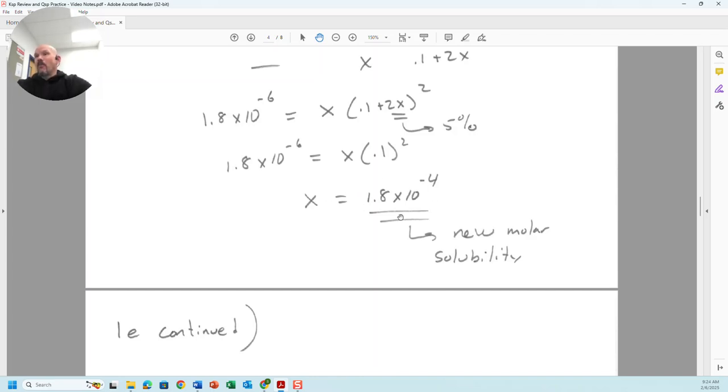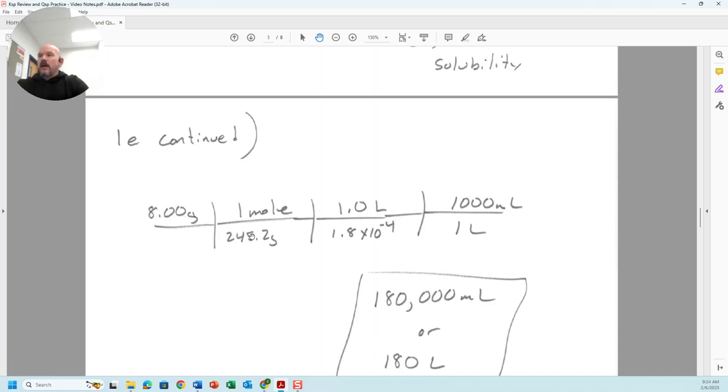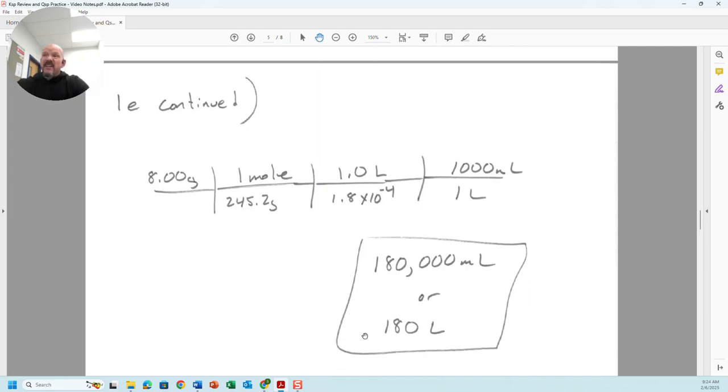Our goal was to figure out what volume of solution can hold 8 grams of lead fluoride. So we would take our 8 grams, divided by the molar mass, divided by our new molar solubility to get liters, and then times 1,000. I think keeping it at liters is probably best, because we're going to need 180 liters to get 8 grams of the salt in that solution.